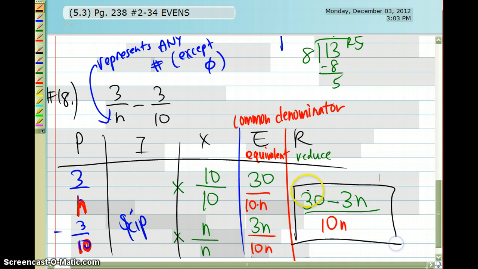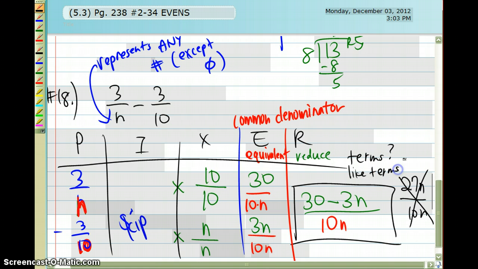And why is it that I do not subtract 30 minus 3n and maybe get 27n over 10n? That's not true because remember when we talked about terms and when we talked about like terms, what are like terms? They are the terms that have the same variable. Those are the terms that we can combine together because they are alike.